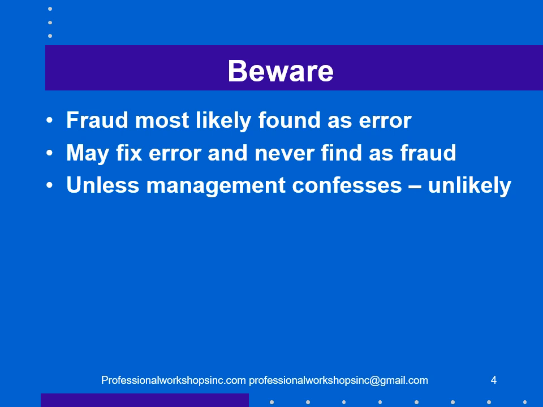So you identify it as an error, fix it as an error, but never realize that the underlying cause was fraud and that management actually intended to deceive. But unless they confess and go, oh yeah, you got us, we were trying to commit fraudulent financial reporting, that's unlikely to occur.